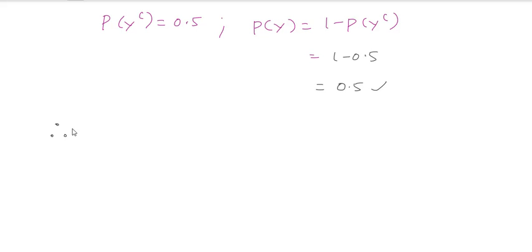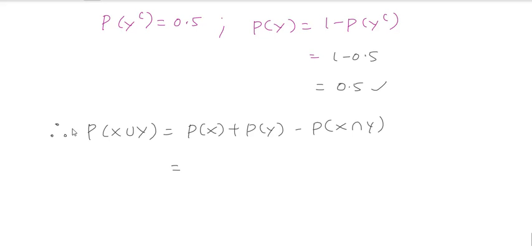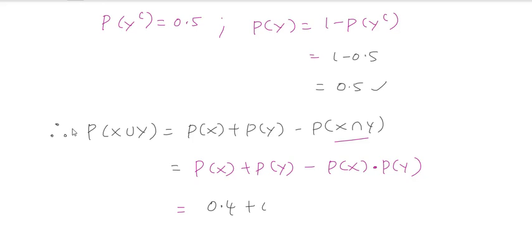Once you know that, I need to calculate the probability of X union Y. Again the same strategy: the probability of X plus the probability of Y minus the probability of X intersection Y. Because X and Y are independent events, this is the probability of X plus the probability of Y minus the probability of X times the probability of Y. Substituting, the probability of X is 0.4, the probability of Y is 0.5, minus 0.4 times 0.5.